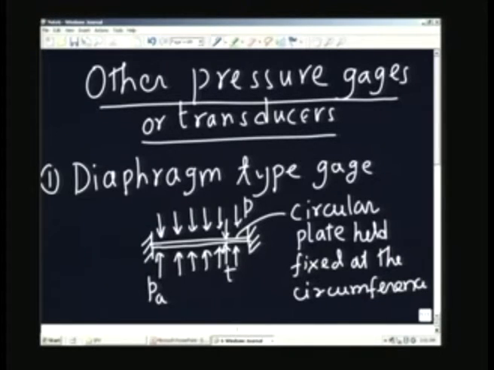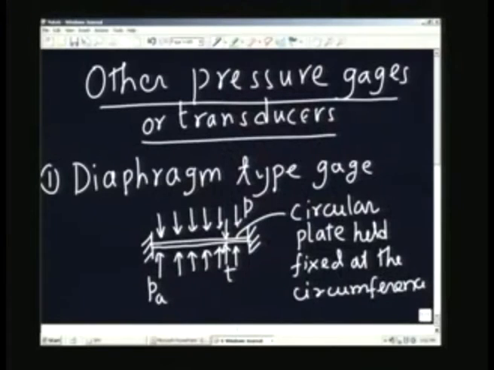At the periphery it is held fixed, and now I am applying the uniform pressure on the one side and the atmospheric pressure, of course, which is uniform on the other side. So, the diaphragm is going to undergo, if the P is greater than P A, a displacement like this. It is going to undergo a change in shape, it is going to open out like this.